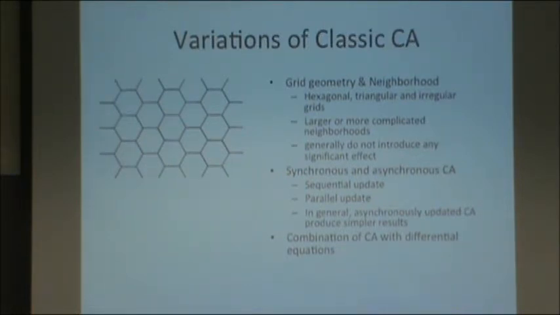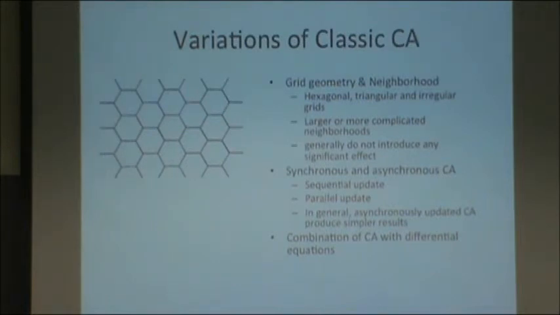And I find this really interesting that generally they don't introduce too much of a significant effect when it comes to patterns. Depending on the particular application, maybe there are other reasons you want to do this, but if you just want to observe patterns, strangely enough, not too much changes. Another surprising fact for me is that whether you do synchronous or asynchronous update, whether you update everybody at the same time or some at one time, others at other times, not too much changes.